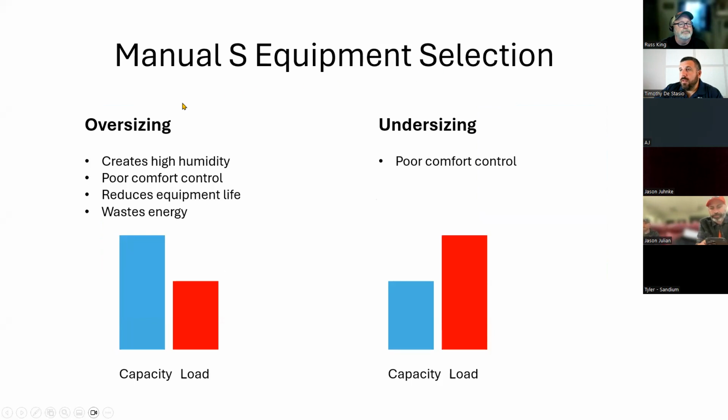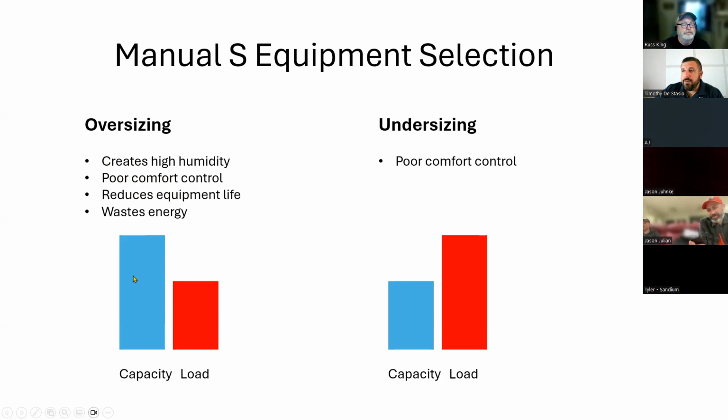Manual S, equipment selection. We all know what danger it is to oversize a piece of equipment. We cannot control our humidity in the summer when that happens. We have poor comfort control because your unit is turning on, it's turning off, it's blasting you with heat or with cold air, then it's not. And then that short cycling reduces equipment life and it wastes energy.